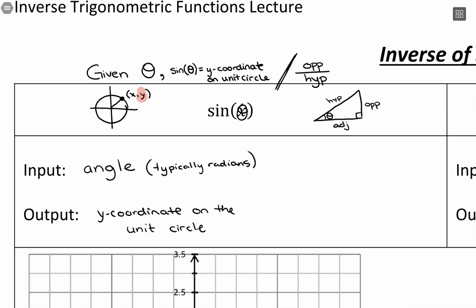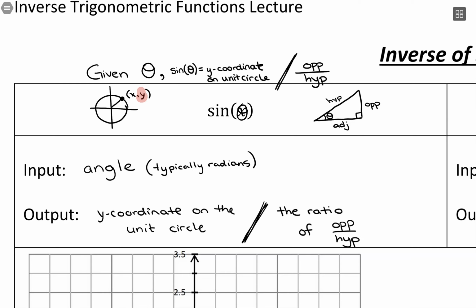So it'd be this ratio of opposite over hypotenuse on that triangle. So that's another way of thinking of the output for this function, that it's equal to this ratio on a triangle, not ration, of opposite over hypotenuse.